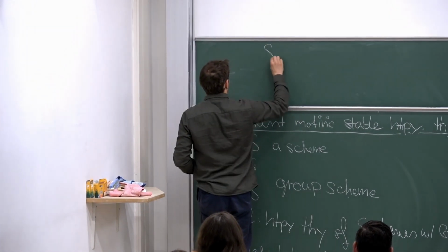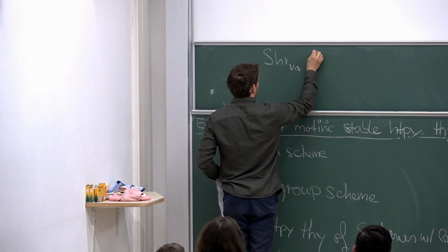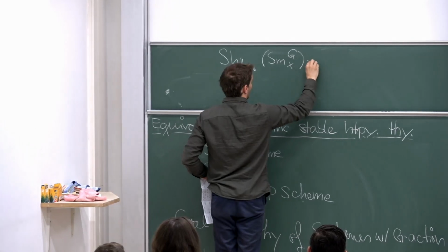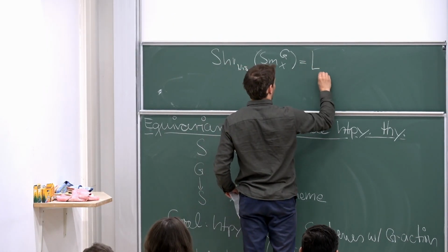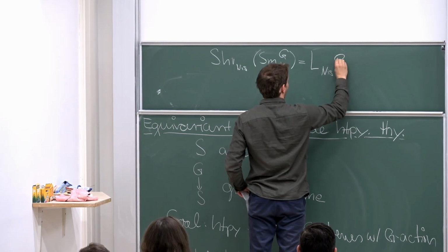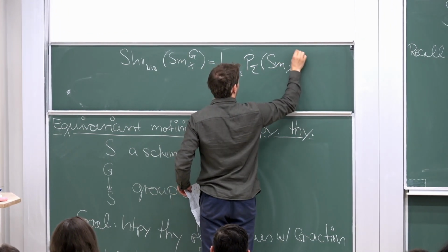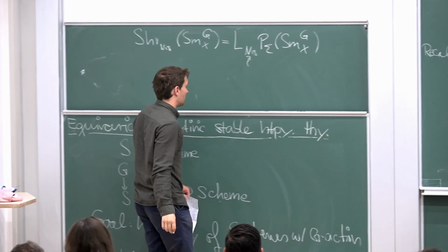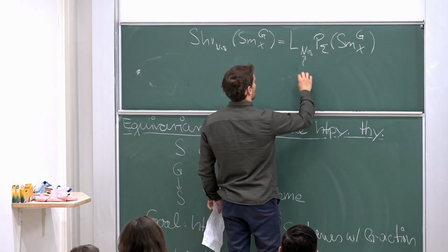So I can write the punchline. We have our Nisnevich sheaves, and this will be what? It will be, where this Nisnevich localization for our purposes just means that I make all the Nisnevich squares into co-Cartesian squares.